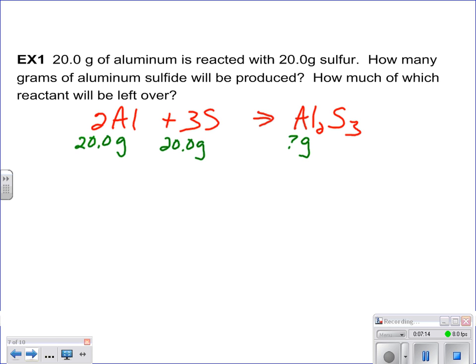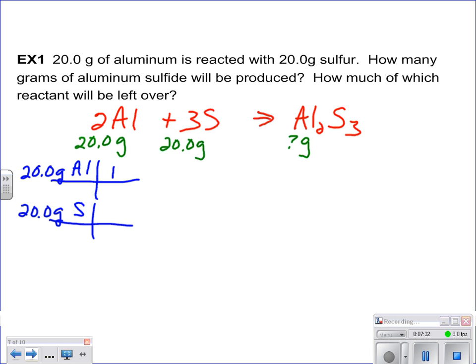So, step 1 has been completed. Step number 2, take each of those givens and convert them to moles. So, 20 grams of aluminum and 20 grams of sulfur.